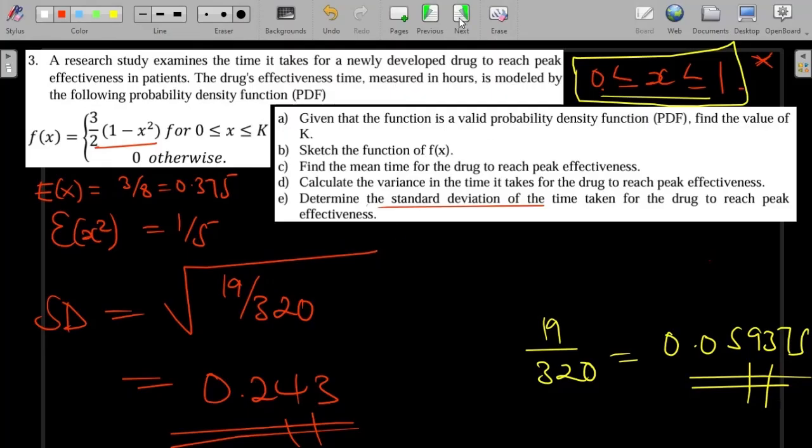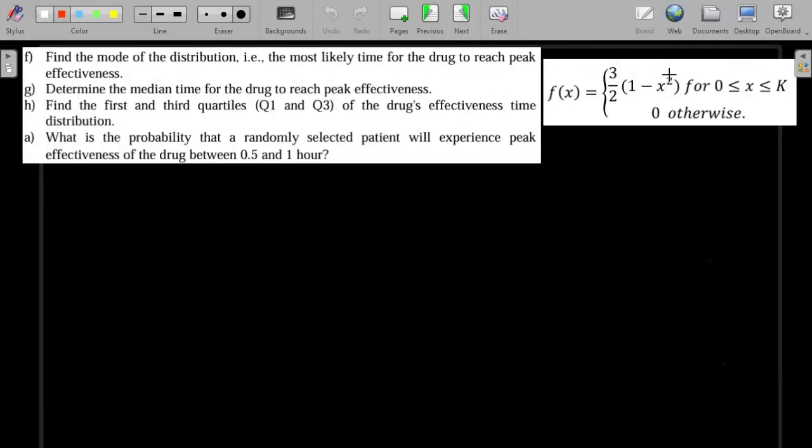Okay, and then we move on. We're still dealing with this same function, but now we want to find the mode. Remember, we said the mode is the value of x that gives this probability function the highest probability. So we can get that from the graph. Remember the graph that we had here.